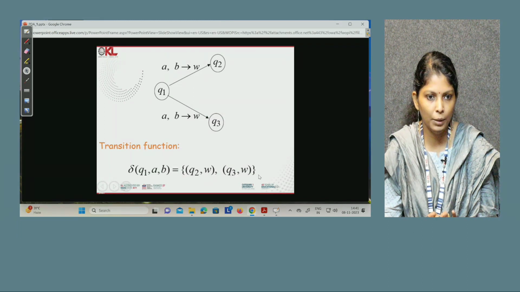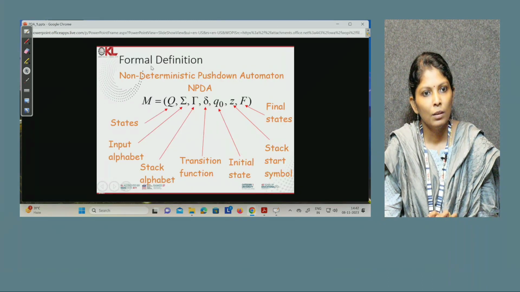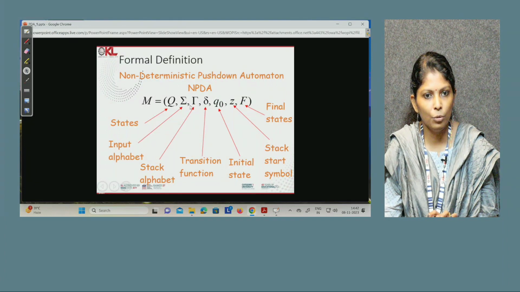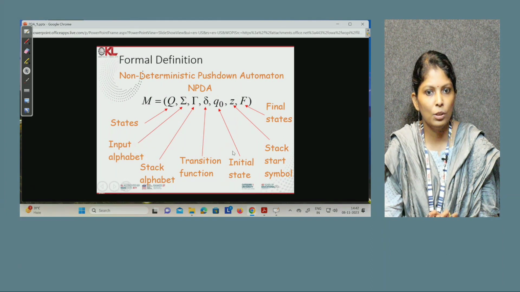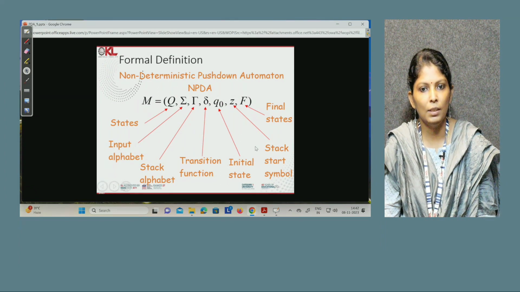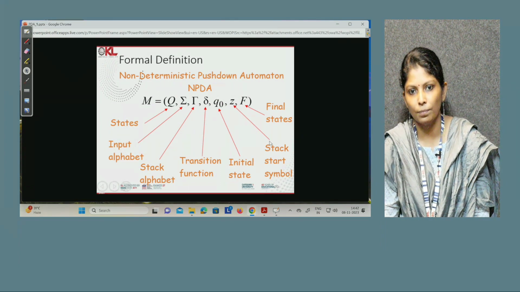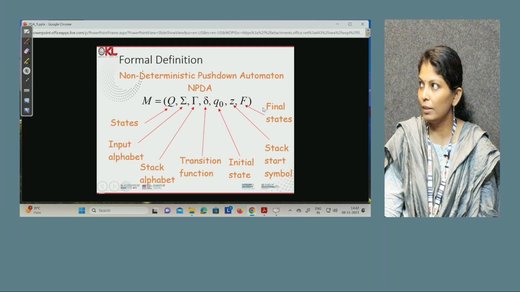The definition of NPDA is M equals Q, sigma, gamma, delta, Q0, Z and F. Q is the set of states, sigma is the input alphabet, gamma is the stack alphabet, delta is the transition function, Q0 is the initial state, Z is the start symbol, and F is the set of final states.